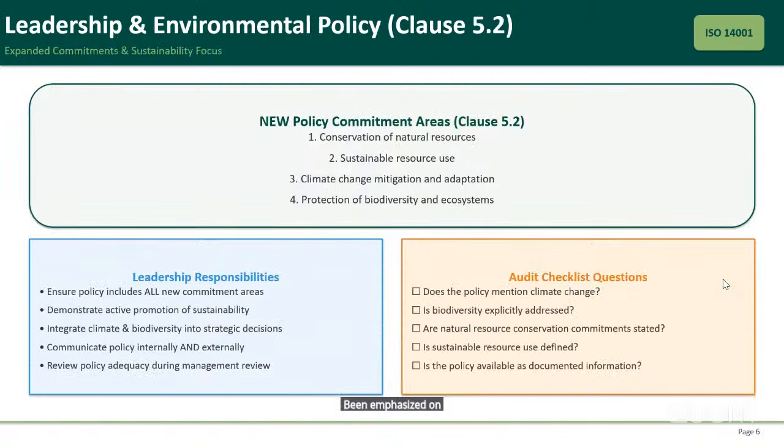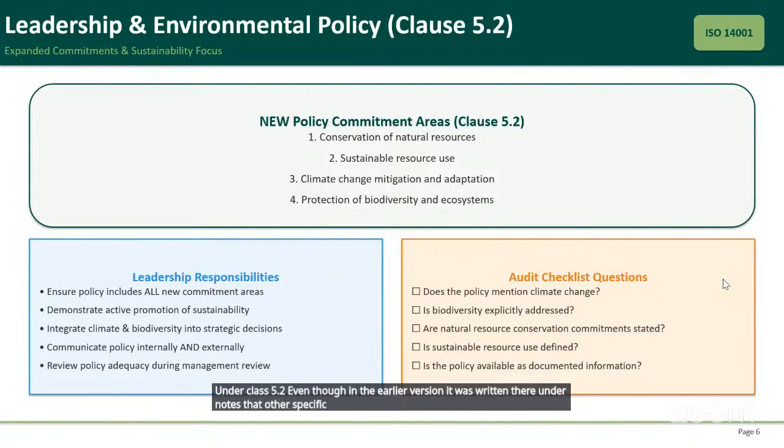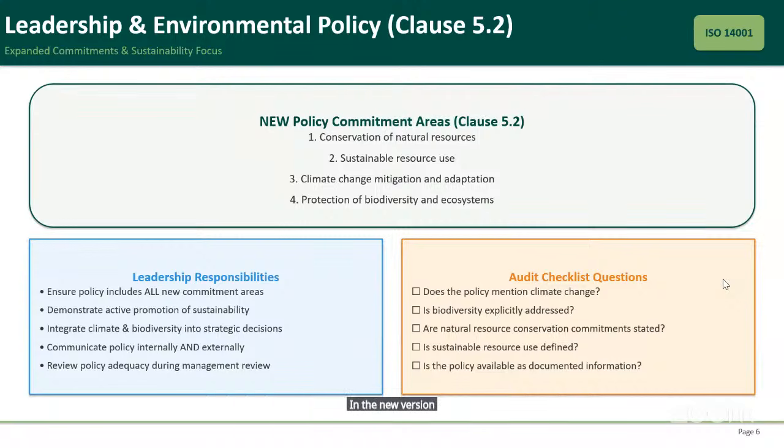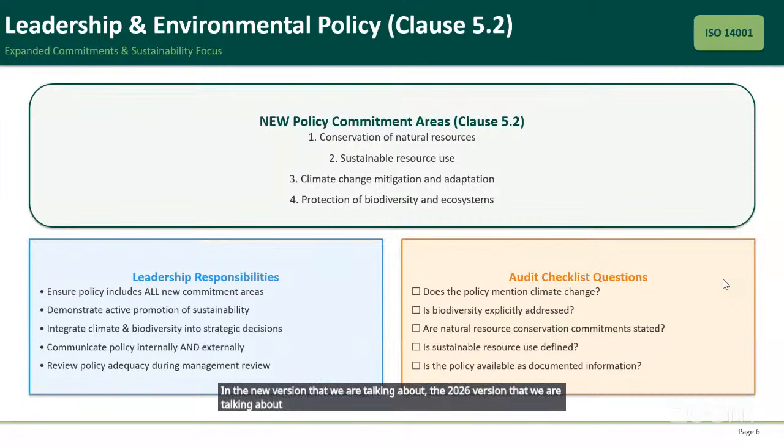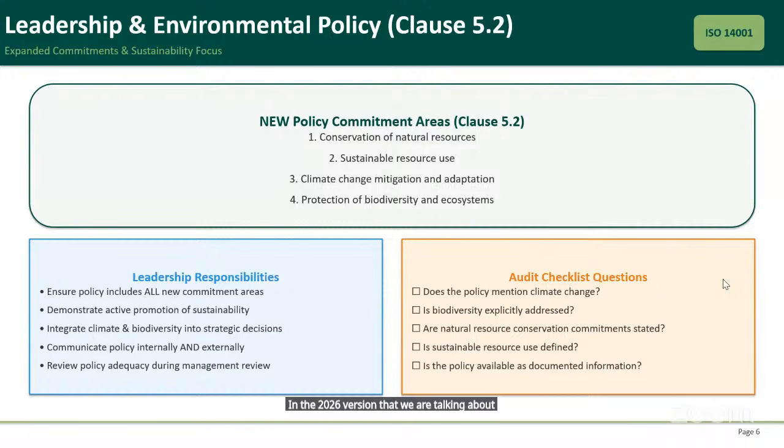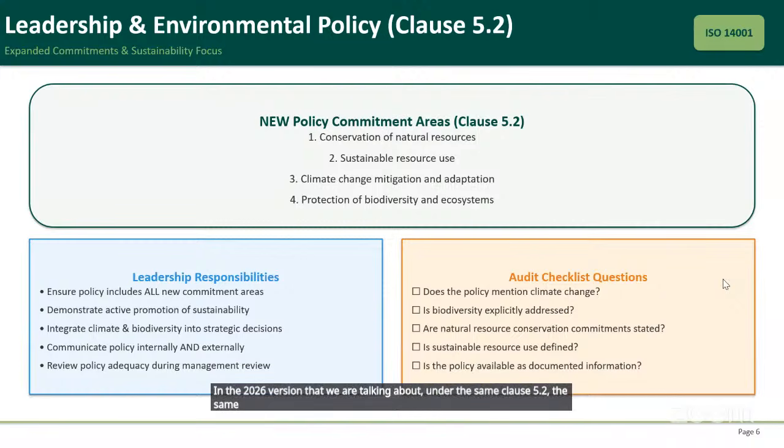Your policy. When you look at your policy under clause 5.2, even in the earlier version it was written there under notes that other specific commitments to protect the environment can include sustainable resource use, climate change, and the like. In the new version, the 2026 version that we are talking about, under the same clause 5.2, the same is stated.